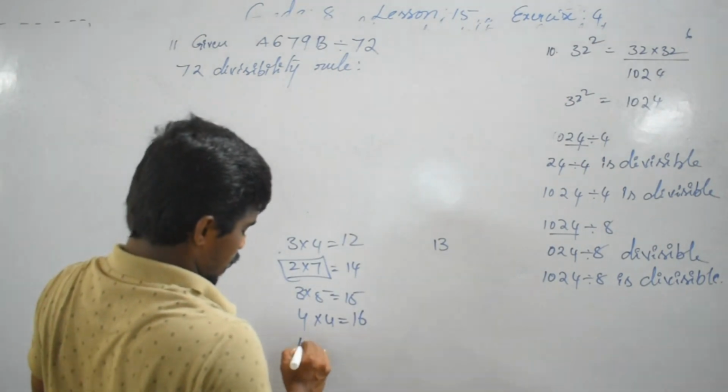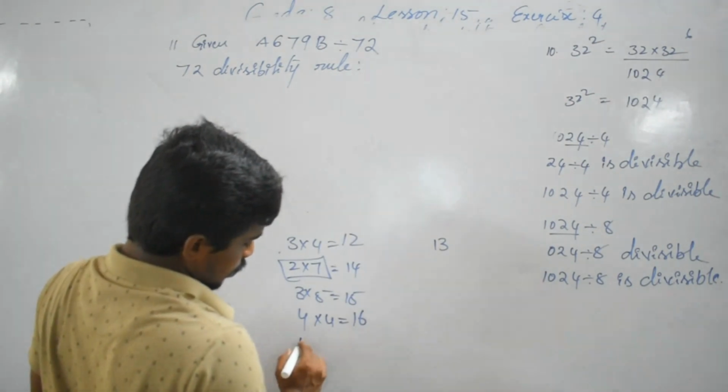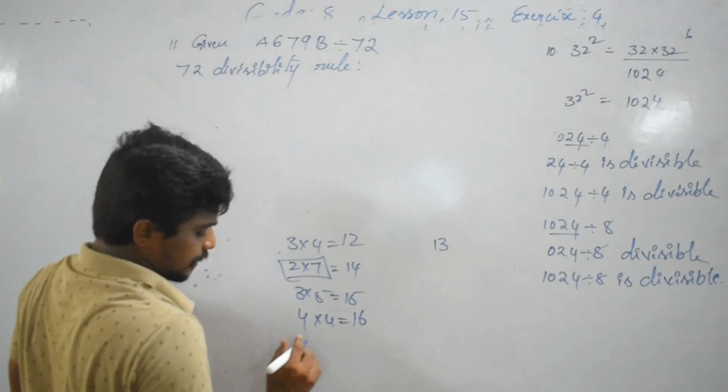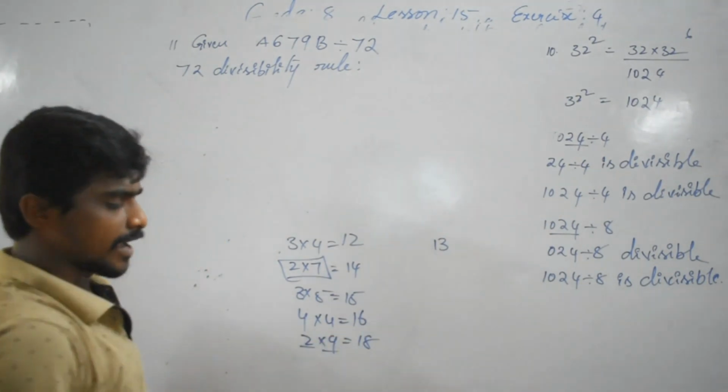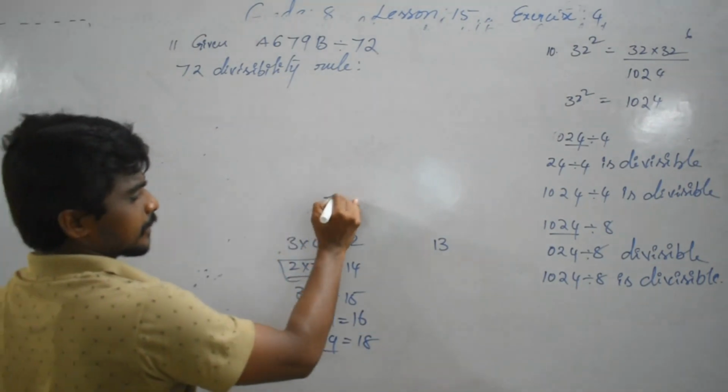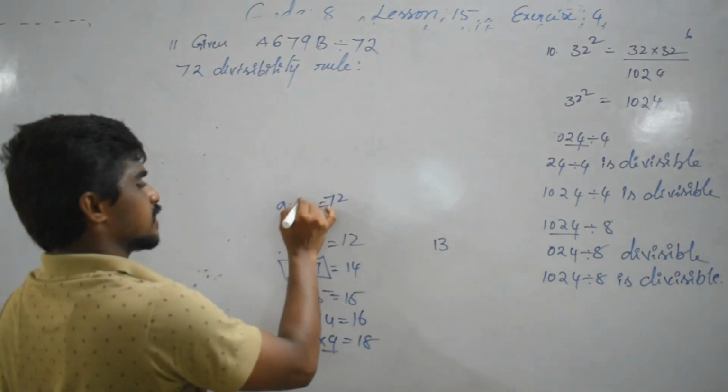Next, 17 is a prime number, 18 is 2 9s are 18, so 2 divisibility rule and 9 divisibility rule. So 72: 9 8s are 72.